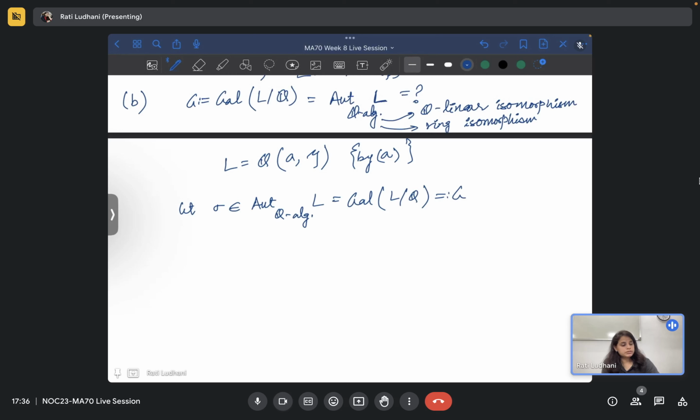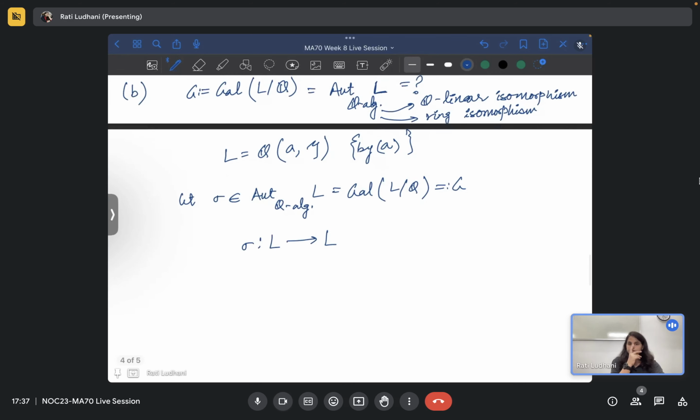That means if this is given, we will try to find where it maps all the elements of A. We already know this is a Q-algebra isomorphism. Firstly, it will fix Q for sure, because this is a Q-algebra isomorphism.